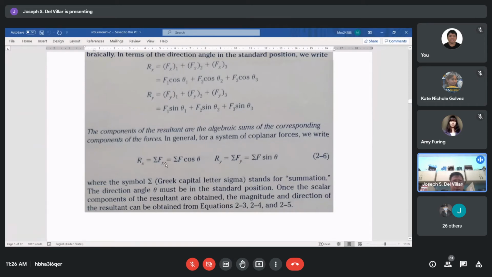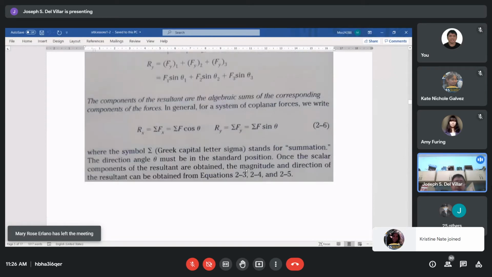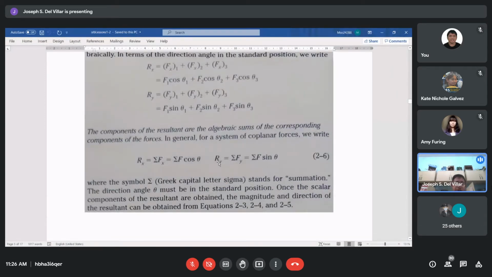And Rx is also the same as summation of Fx. Ry is summation of Fy. Now, the summation sign, you use this in your engineering data analysis, the Greek capital letter sigma, and it denotes summation. So you have to add all the x components and add all the y components algebraically. So this time, algebraically, you have to consider the signs.